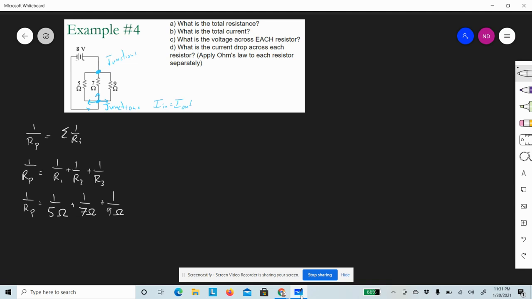It is my experience that most students hate fractions, so I'm going to tell you, don't work with fractions.